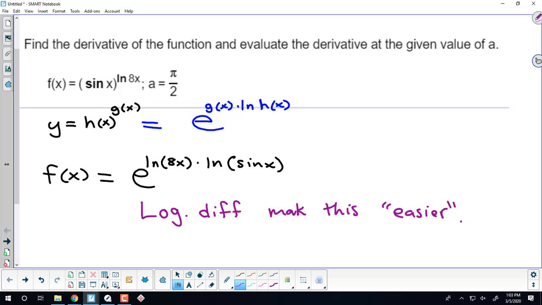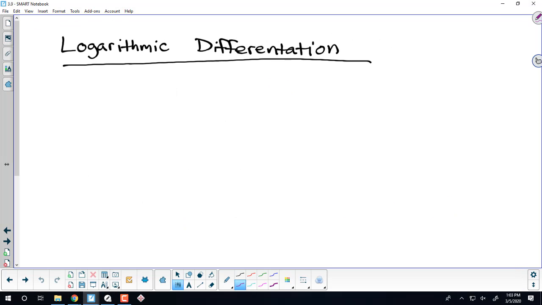So in 3.9 we did leave off bringing up the notion of logarithmic differentiation. The name is kind of indicative of the process. But why would we want another method for taking a derivative?